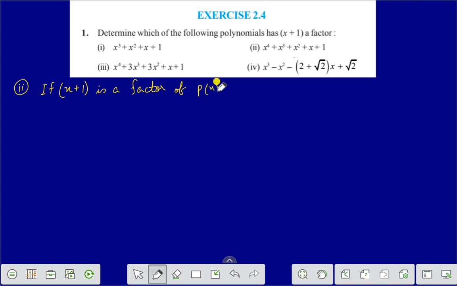p(x) is equal to x to the power 4 plus x to the power cube plus x square plus x plus 1, then p(-1) must be 0.